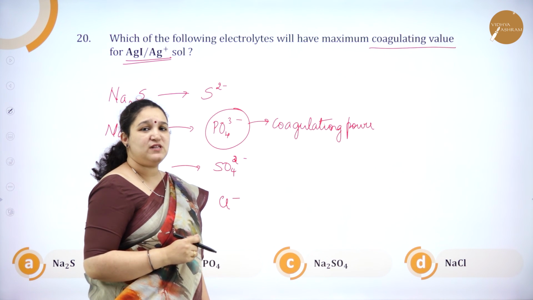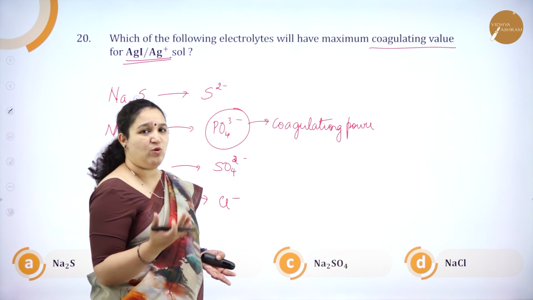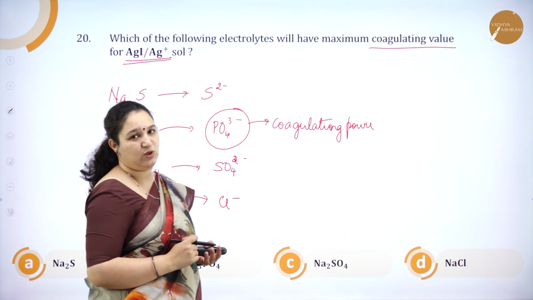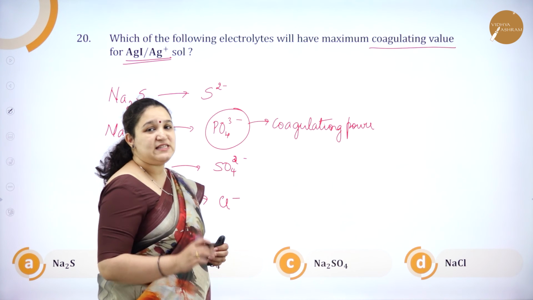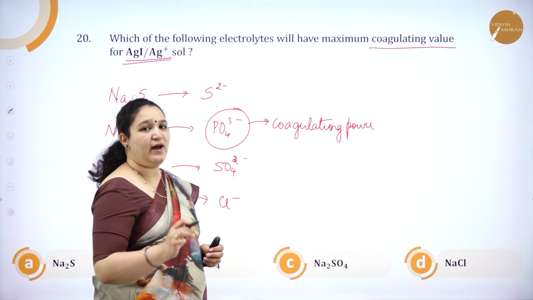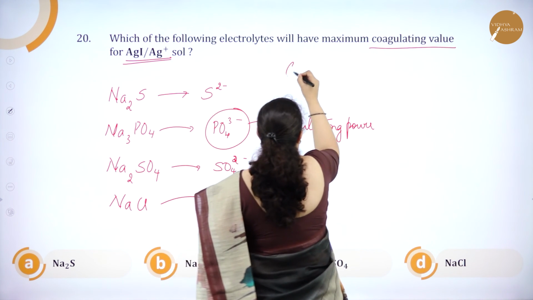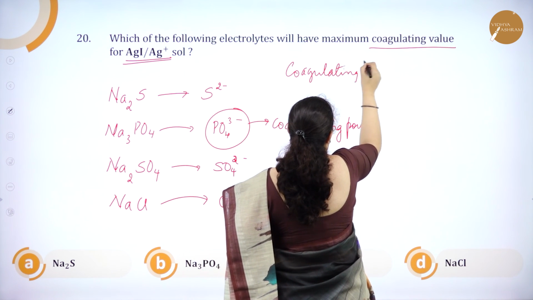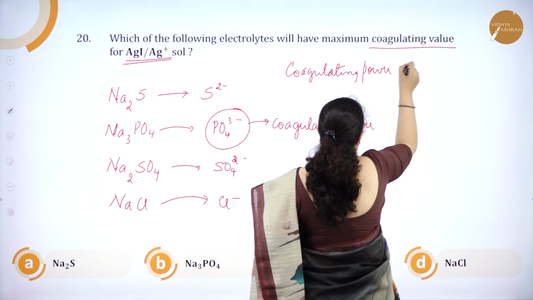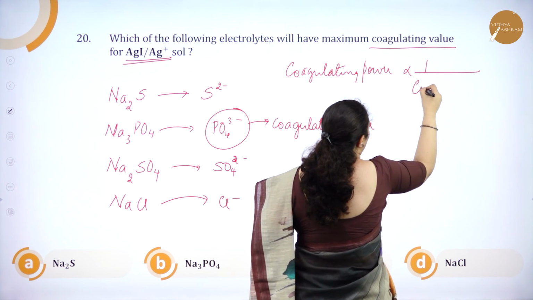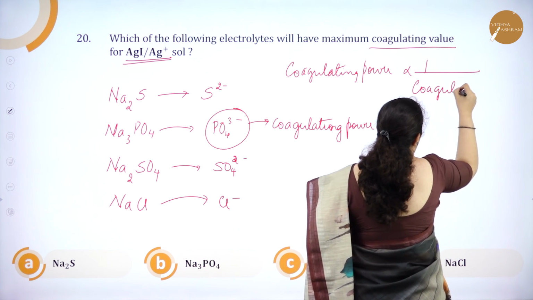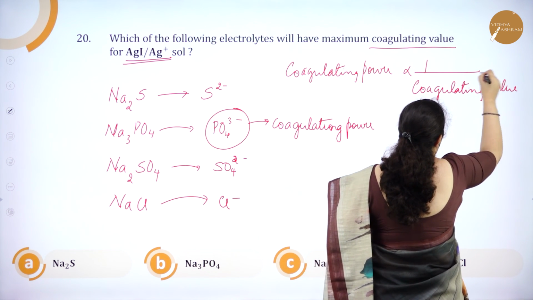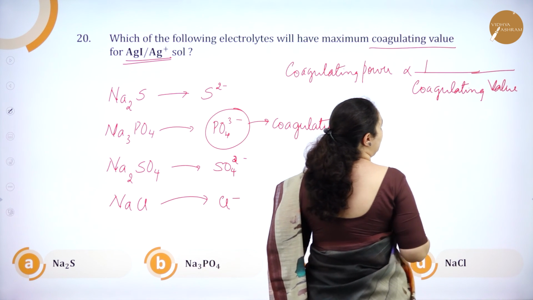Now, what is the difference between coagulating power and coagulating value? Coagulating power is inversely proportional to coagulating value. Now, what do you mean by coagulating value?